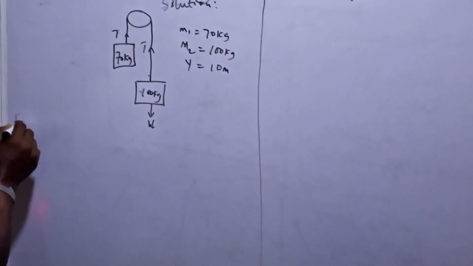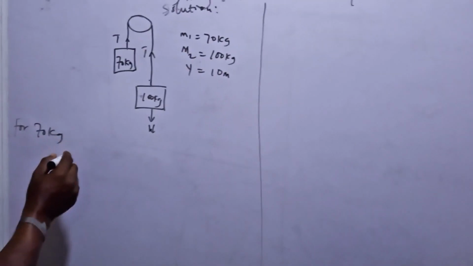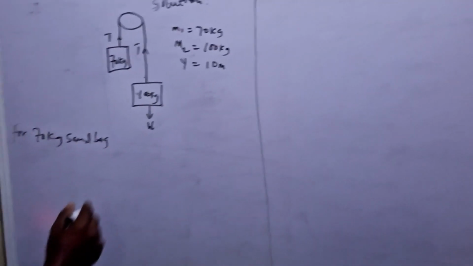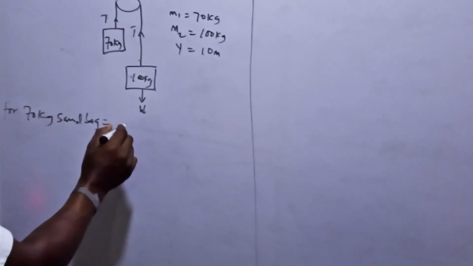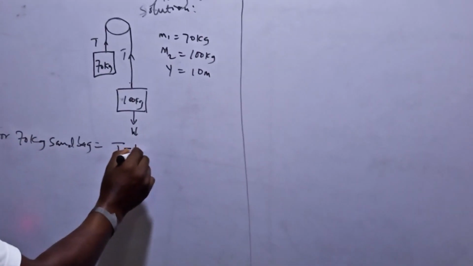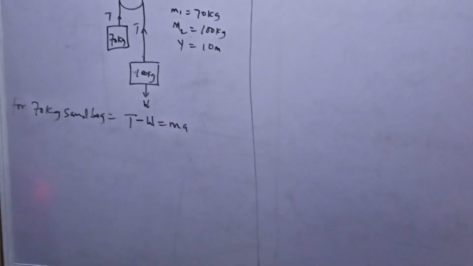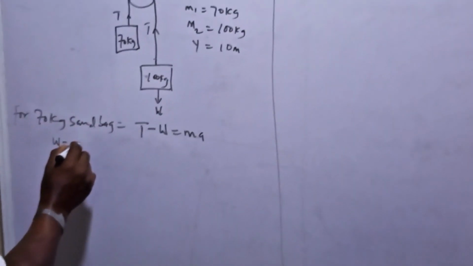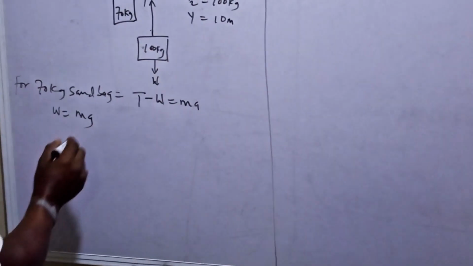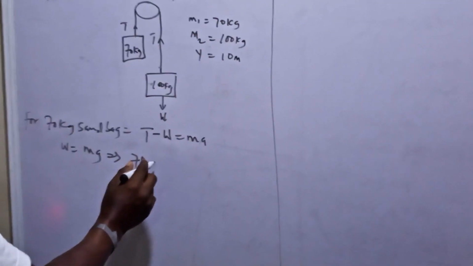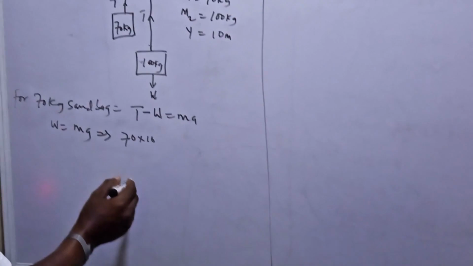Now for the 70 kilogram sandbag, with which he lowered himself, we have here that the tension is greater than the weight, so tension minus weight equals MA. Weight is equal to mass times acceleration due to gravity, which is 70 by 10, where acceleration due to gravity here is 10.